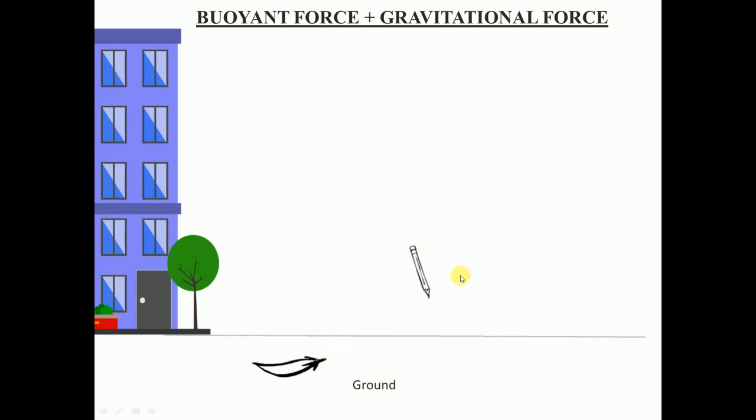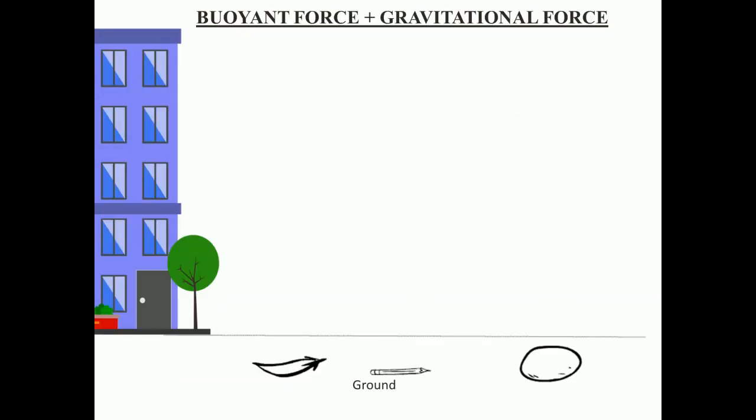So here the air will try to stop it, or you can say the pencil should float in the air, but it will not float because of the weight of the pencil. Also, the gravitational force on this pencil is greater as compared to the gravitational force on the feather, so it will fall down very fast.